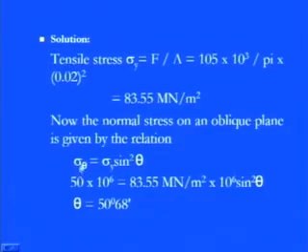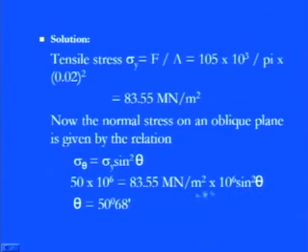If we put in all the values, sigma theta is 50 into 10 to the power 6, and sigma y is 83.55 meganewton per meter square, into 10 to the power 6, times sin square theta.